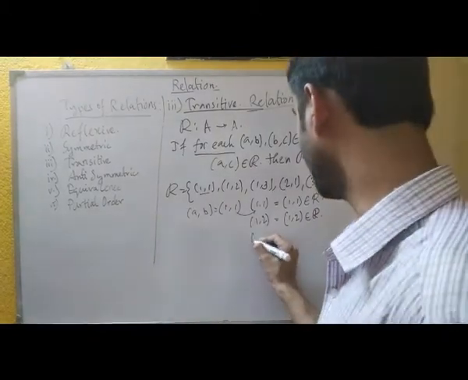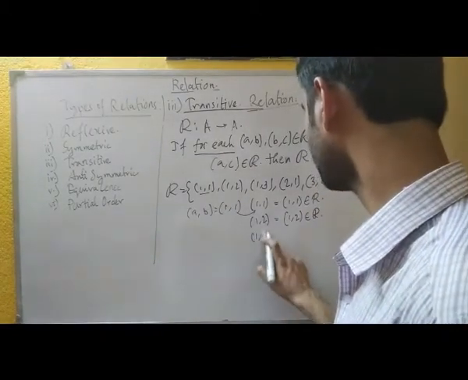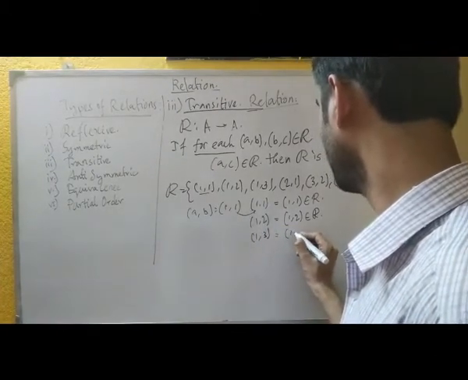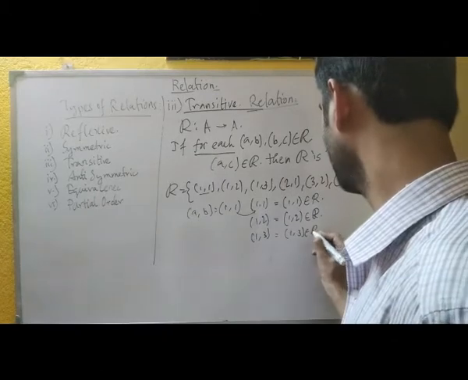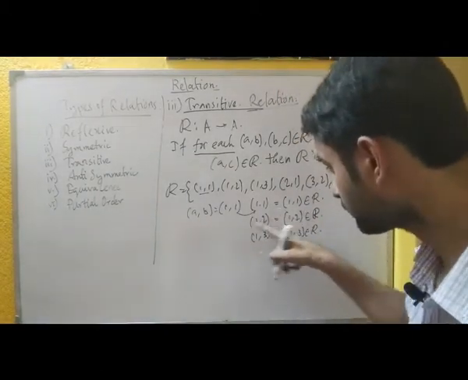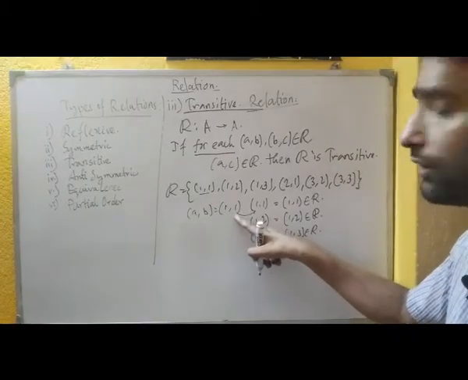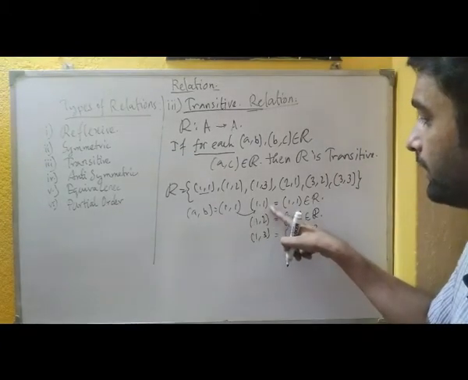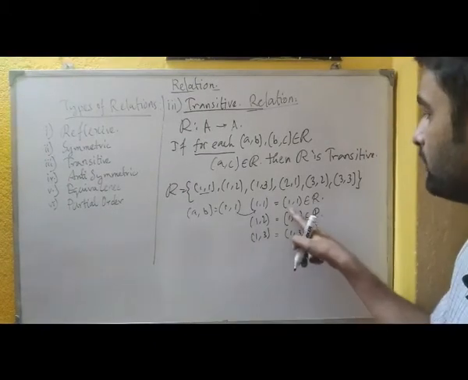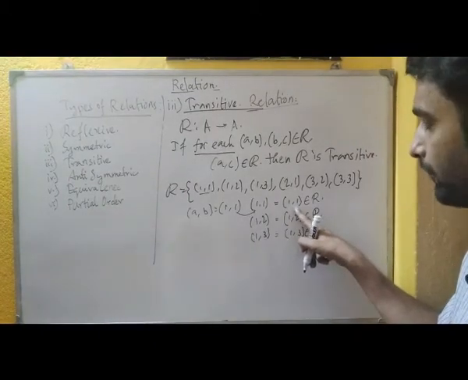So then we take (1,3). So this again becomes (1,3). So it belongs to R. Now see, whenever the element is (1,1), and then we are taking elements like (1,1), (1,2), (1,3), it will always become this type.